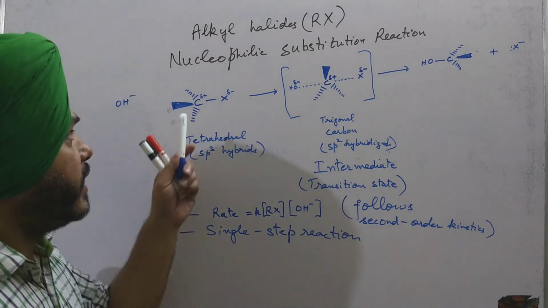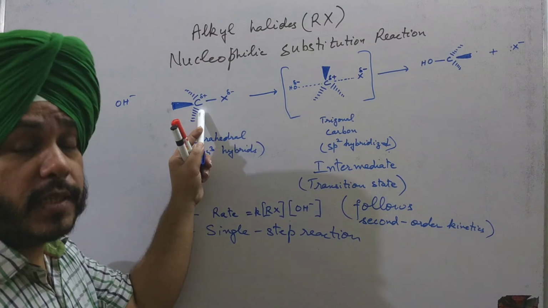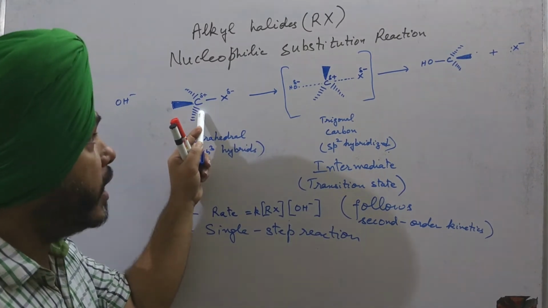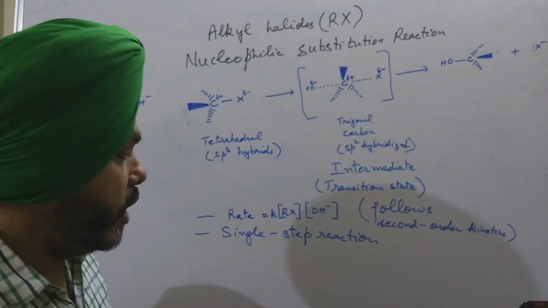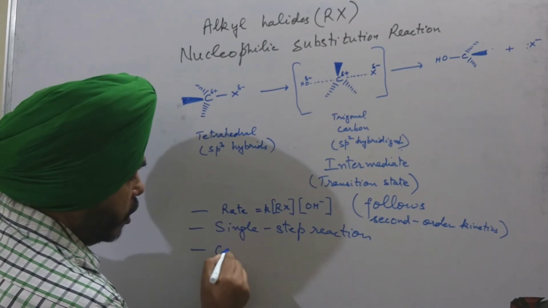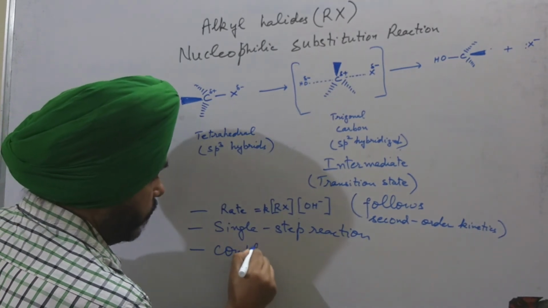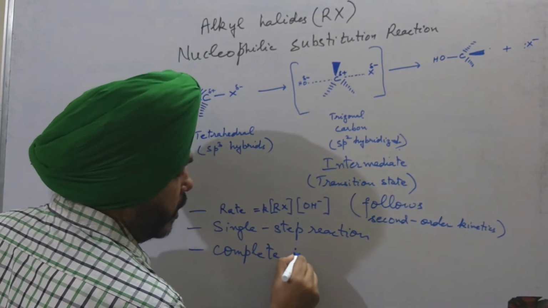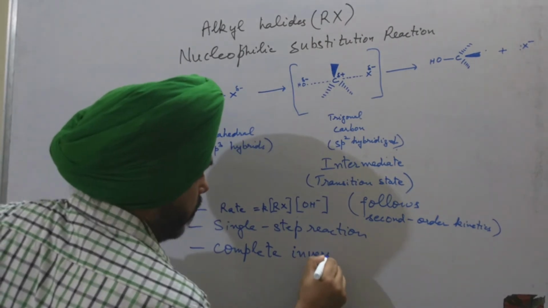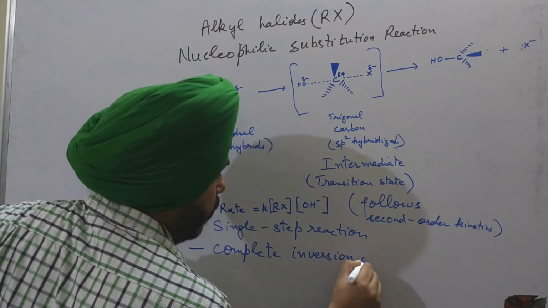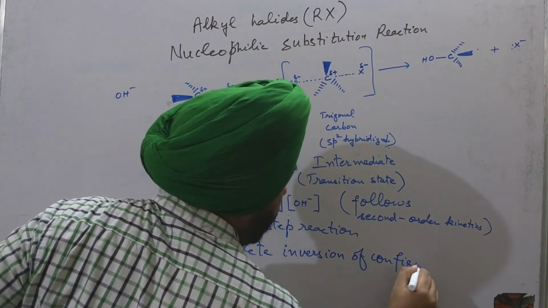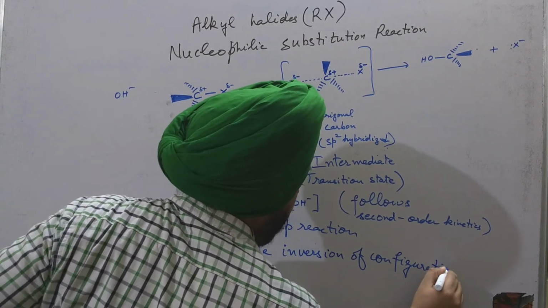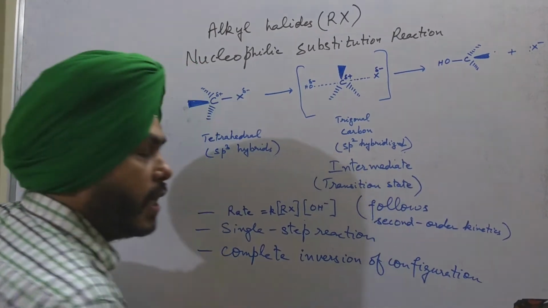And as you can see, the configuration of the alkyl halide which we have taken, which is also called the substrate, is completely inverted in the product. So there is complete inversion of configuration. Configuration is nothing but the arrangement of atoms around the carbon atom in 3 dimensions.